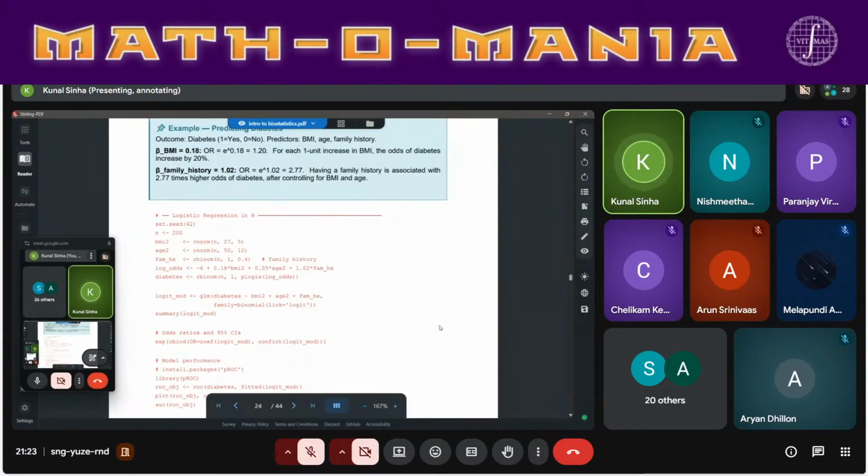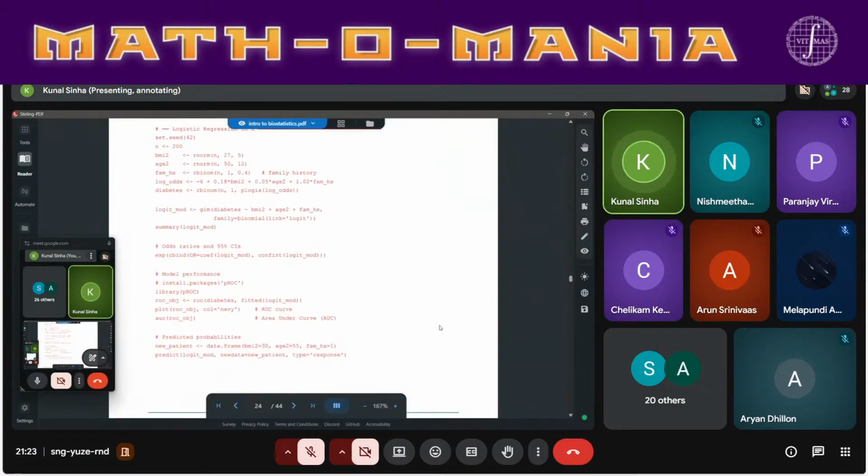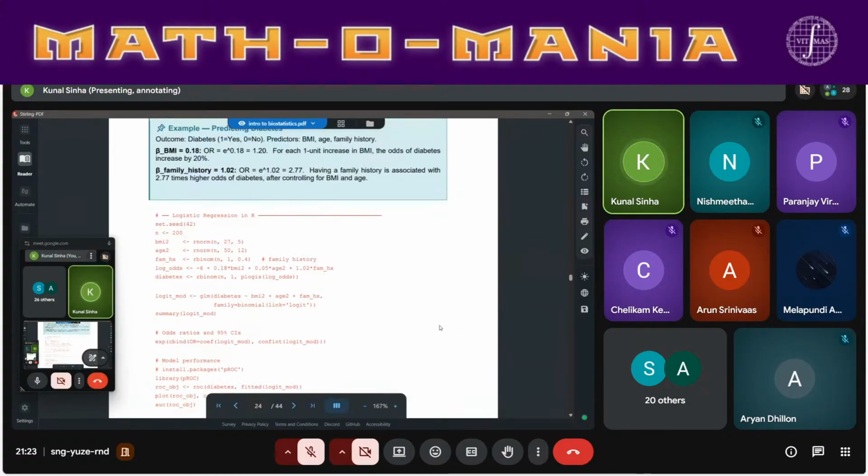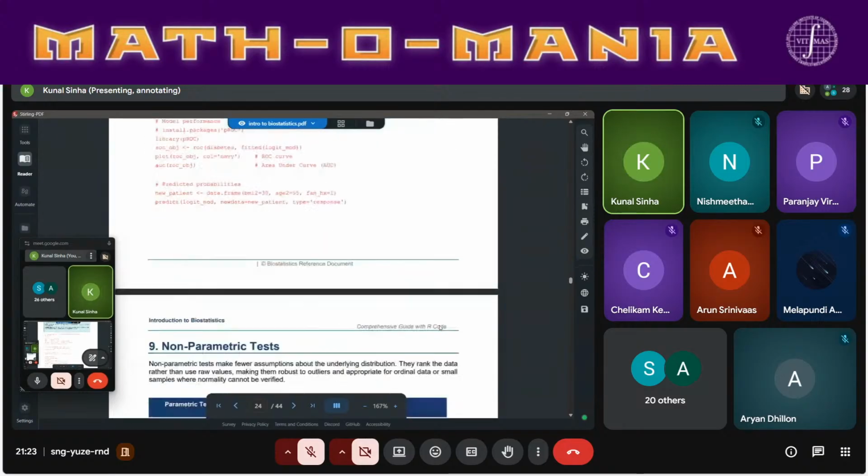R is used because of all the bio-related packages, there is a CRAN package, and basically the Bioconductor package. It has a bunch of really important and useful tools which statisticians, bioinformatics people and scientists use to calculate various things from the biological data they have been given.